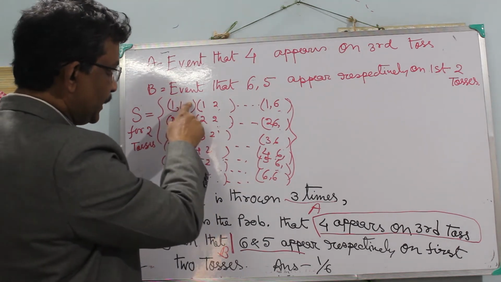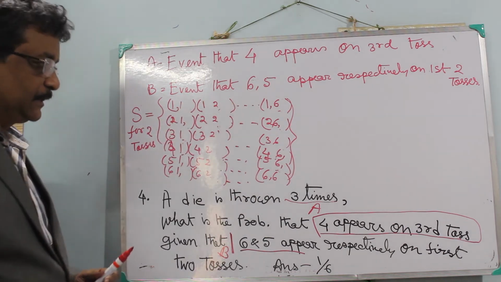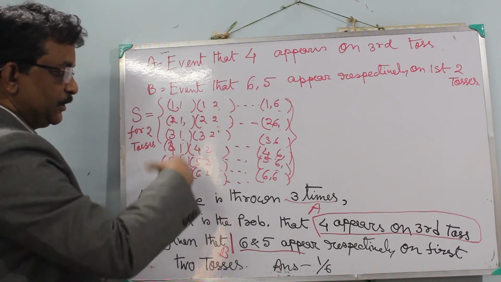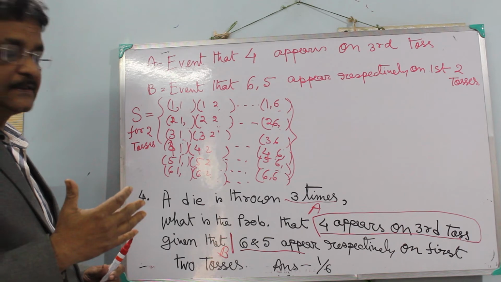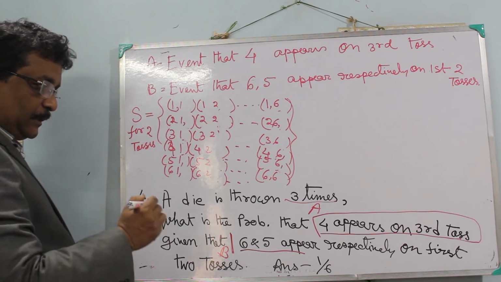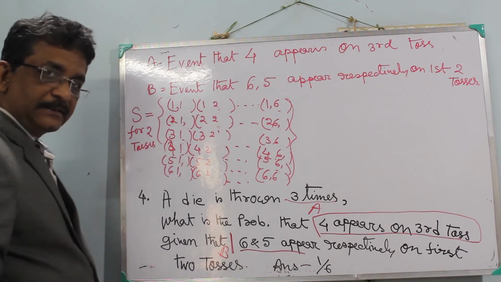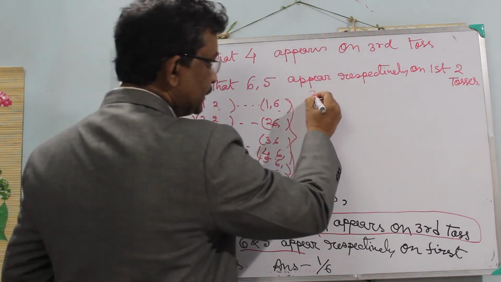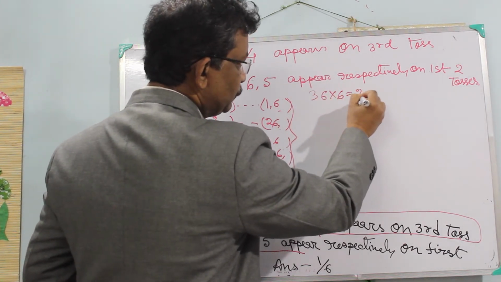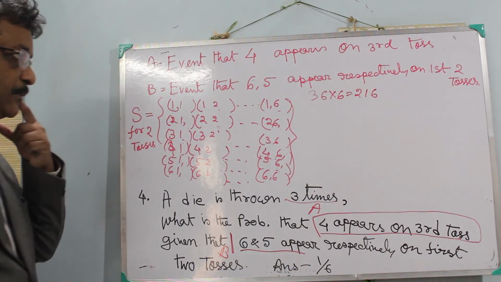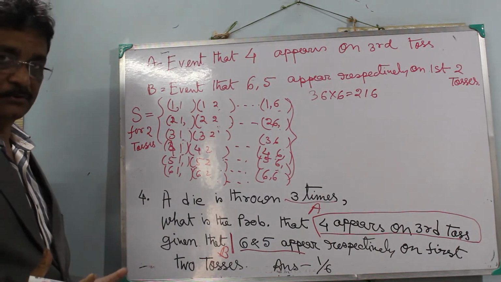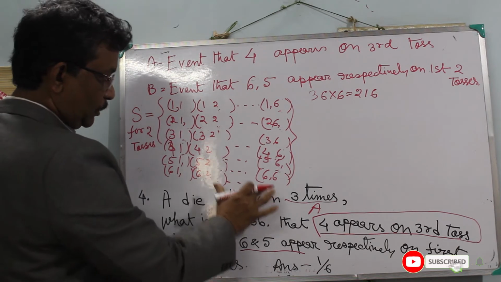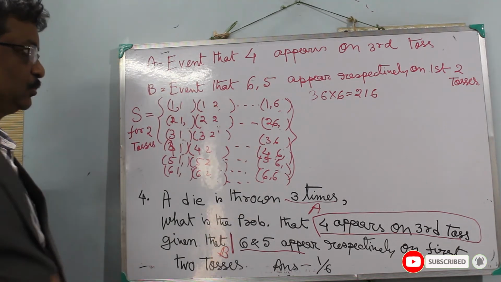If 3 comes, another 36 outcomes. And if you add 4, 5, 6, you will get another 36 cases each. So the total number of outcomes for throwing a die 3 times is 36 into 6, that means 216. That is the total number of outcomes, not favorable, because 2, 3, 4 and so on may come with all pairs.